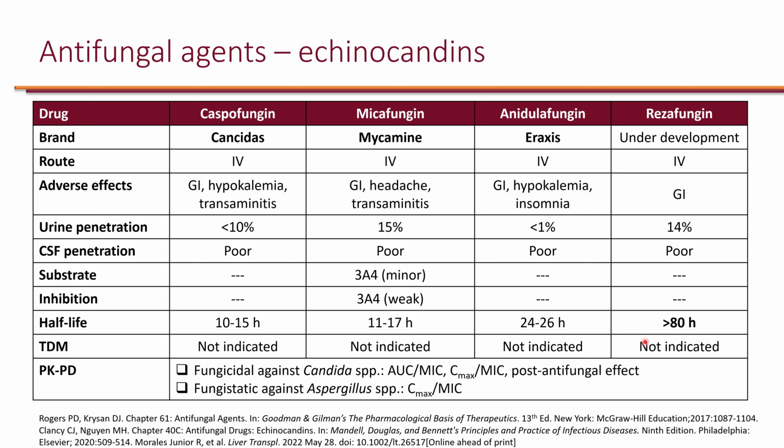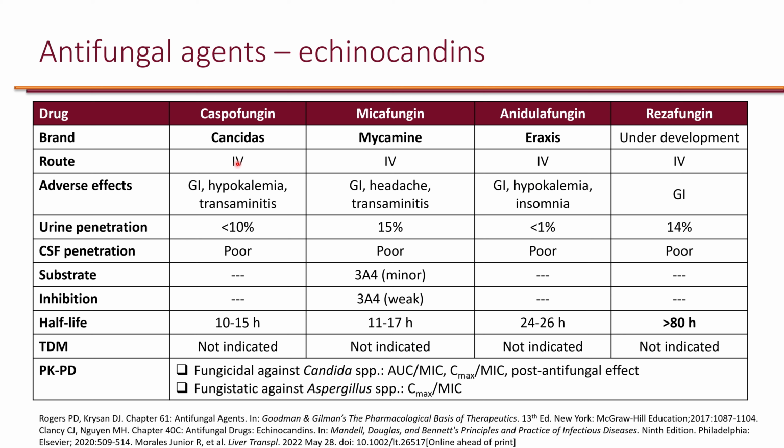Their half-life in general is moderate, but the newest agent that's under development has a very, very long half-life. So that one is intended to be weekly injections, whereas the rest of them are once a day injections.